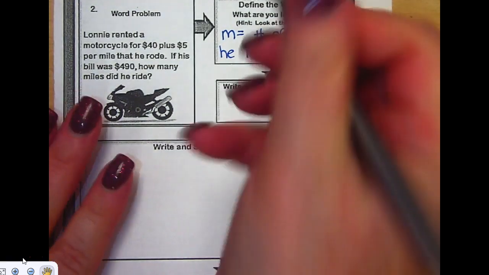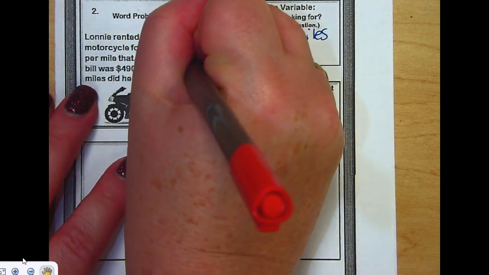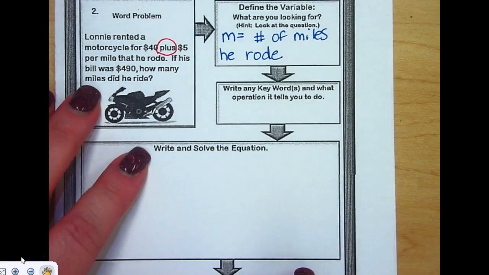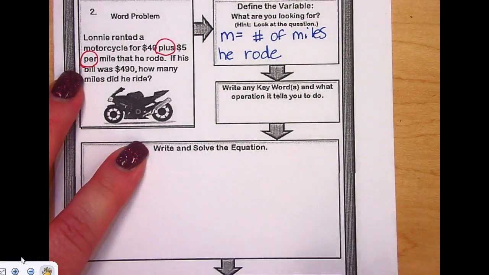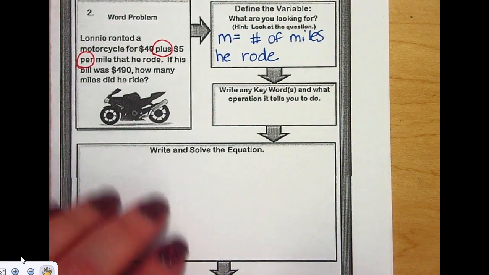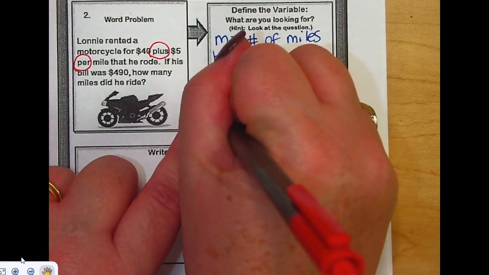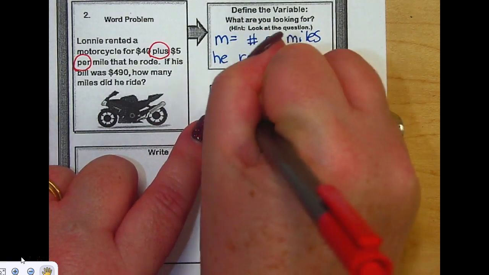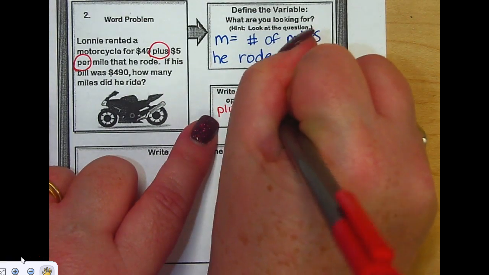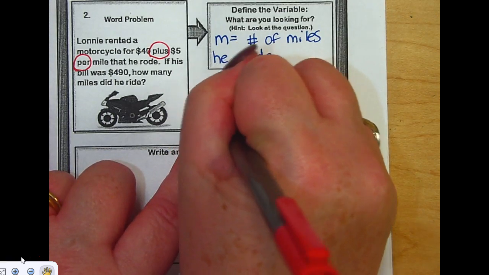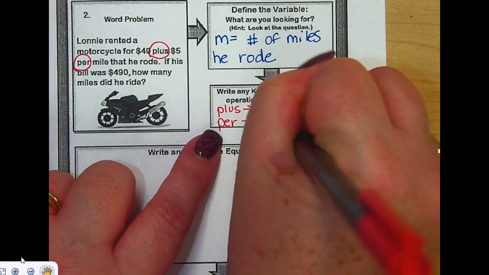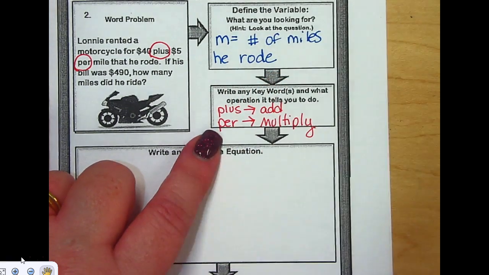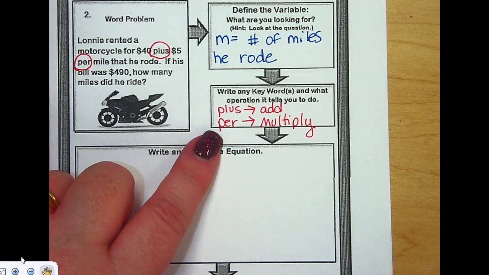So I see one here, plus, and I see one more with per. So plus means to do what? Plus means to add. And here, per means we are going to multiply when we are setting up the problem.